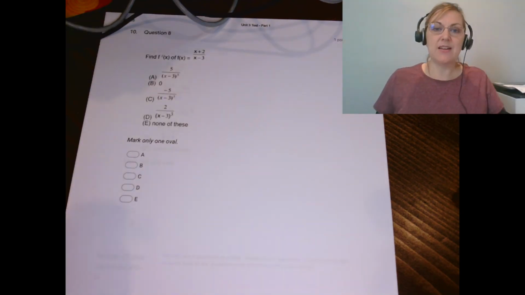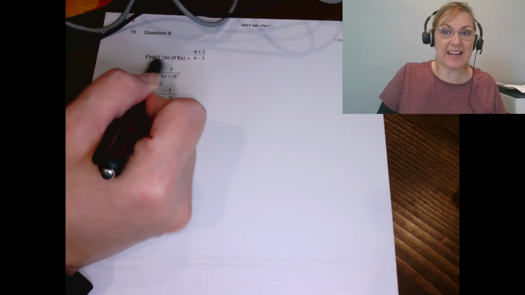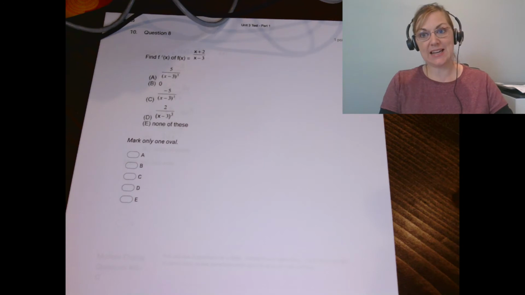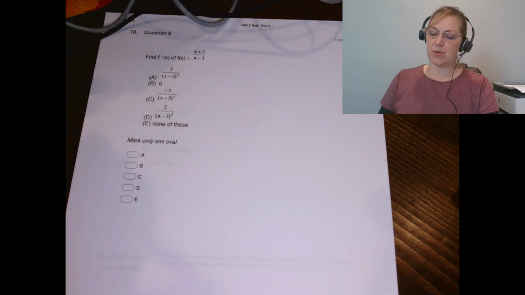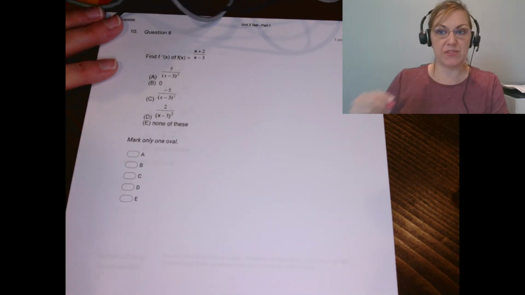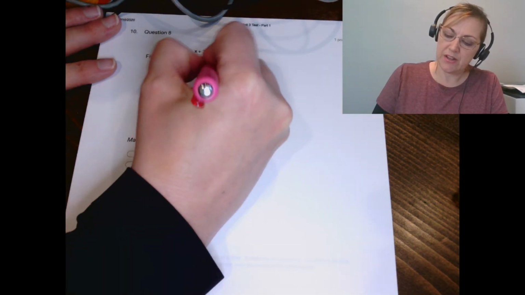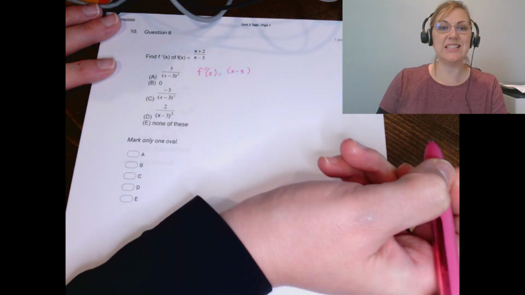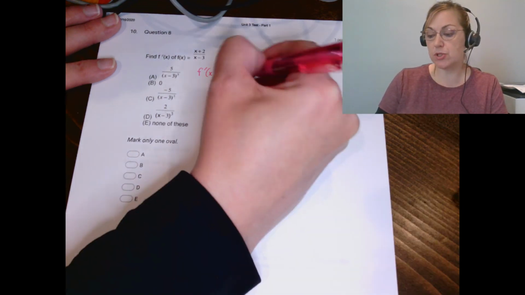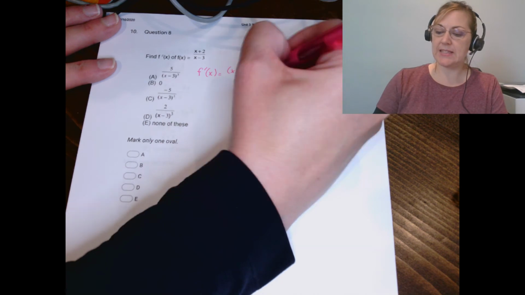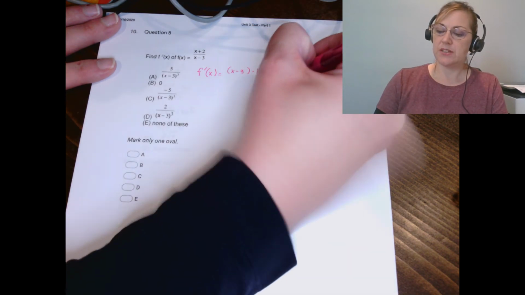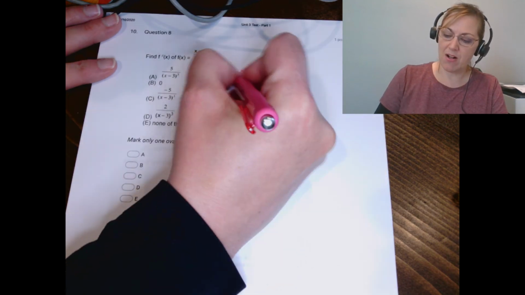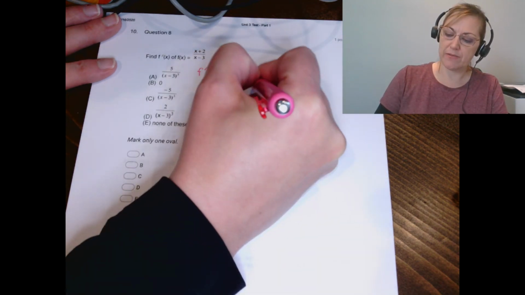with number 8. Notice in this one, this is a second derivative. So we're taking the derivative and we're taking the derivative a second time. Let's do the first derivative, and we've got to use a quotient rule. So the quotient rule says low d high, the derivative of x plus 2 is 1, minus high, that's x plus 2, times d low, derivative of x minus 3 is 1, all over low squared.